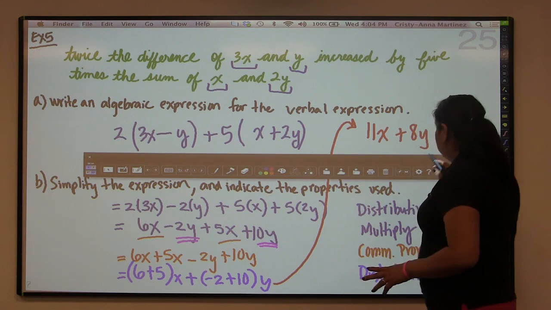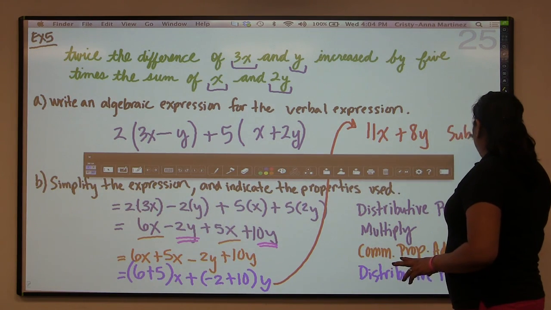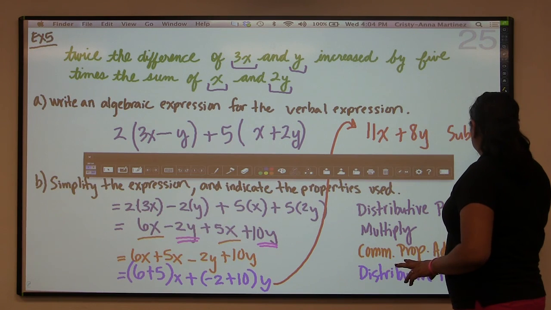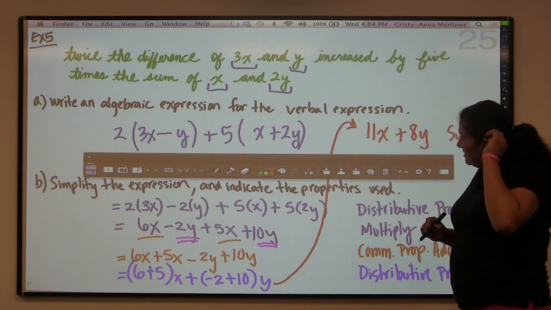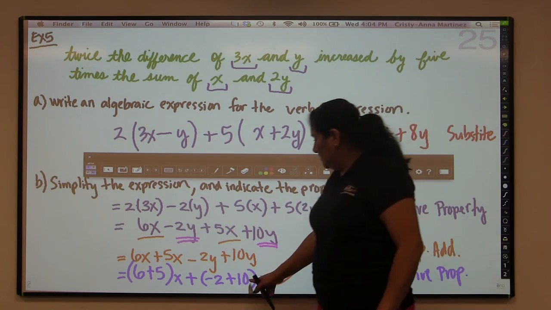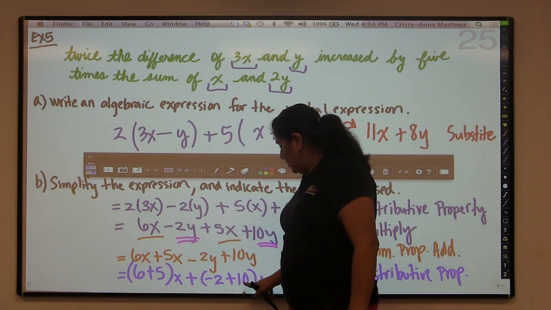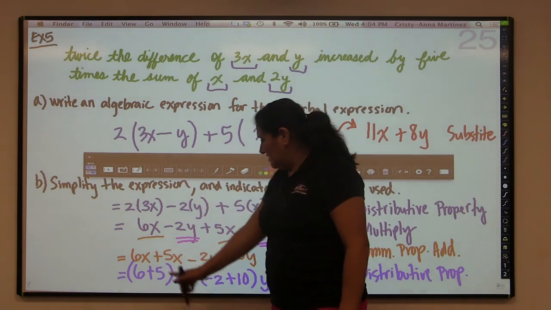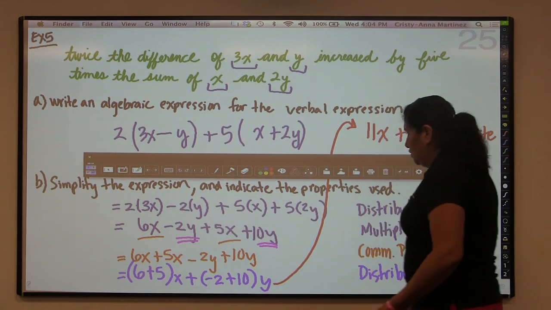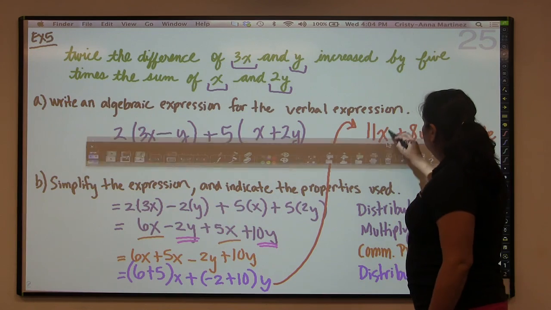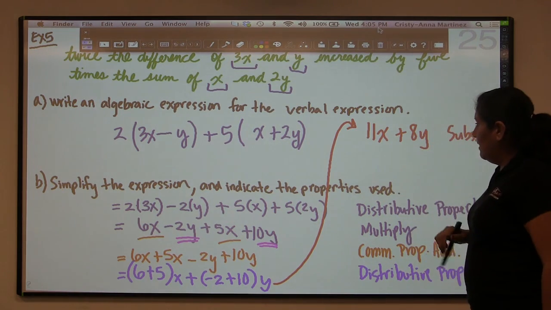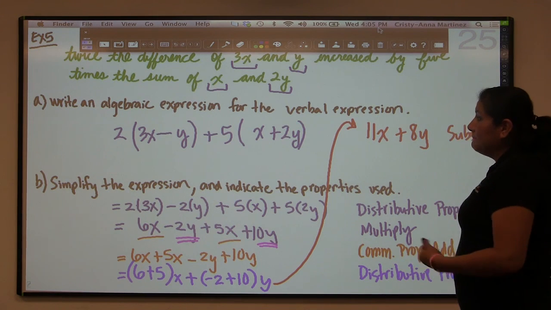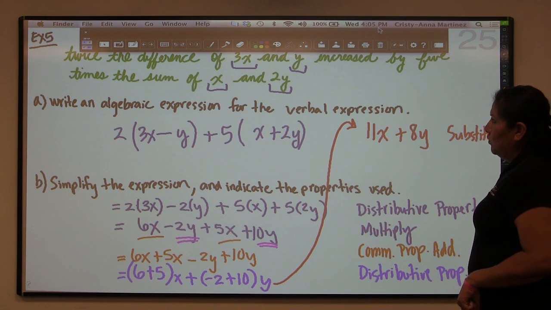So our last step is actually substitution, because we're replacing the 10 and minus 2, that equals 8. So we're replacing it with 8 and replacing the 6 and the 5 with 11. So that's substitution for that very last step there. And I apologize again for this toolbar being in the way and for running out of space. But that is how we do this little guy.